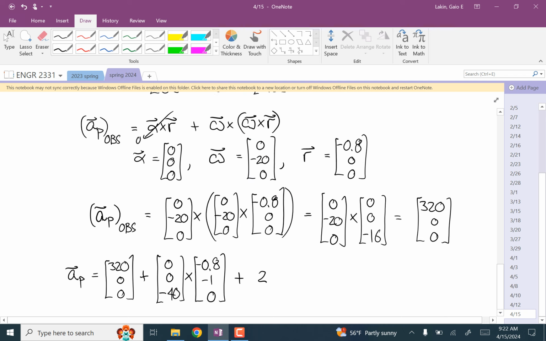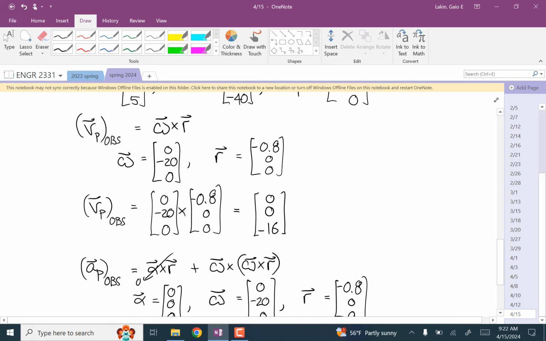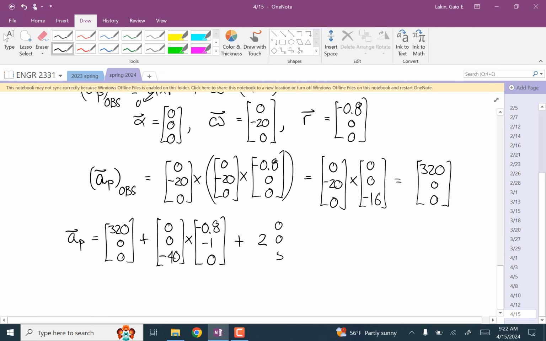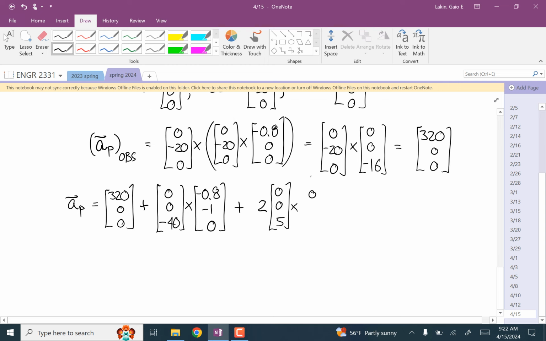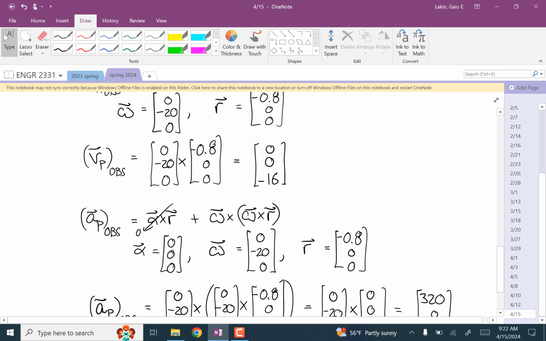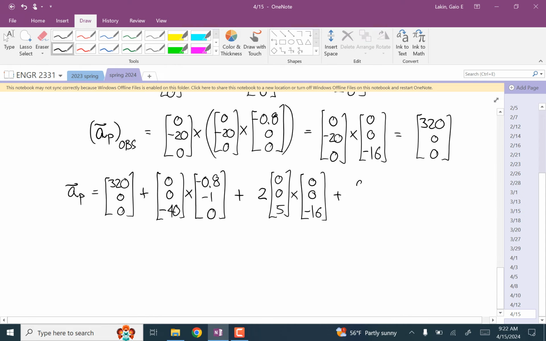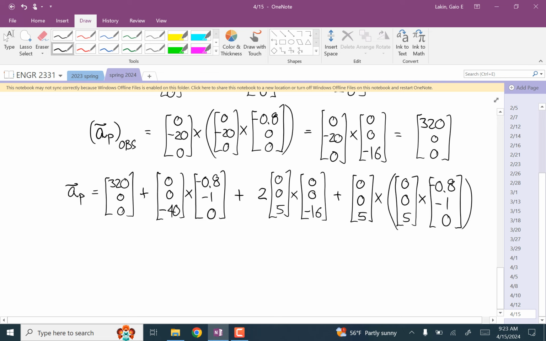Plus 2 times capital Omega, 0, 0, 0.005, crossed with the observed velocity, plus capital Omega cross quantity capital Omega cross P. So 0, 0, 0.005 crossed with the quantity 0, 0, 0.005 cross negative 0.8, negative 1, 0. And whatever that comes out to be, that's your answer.